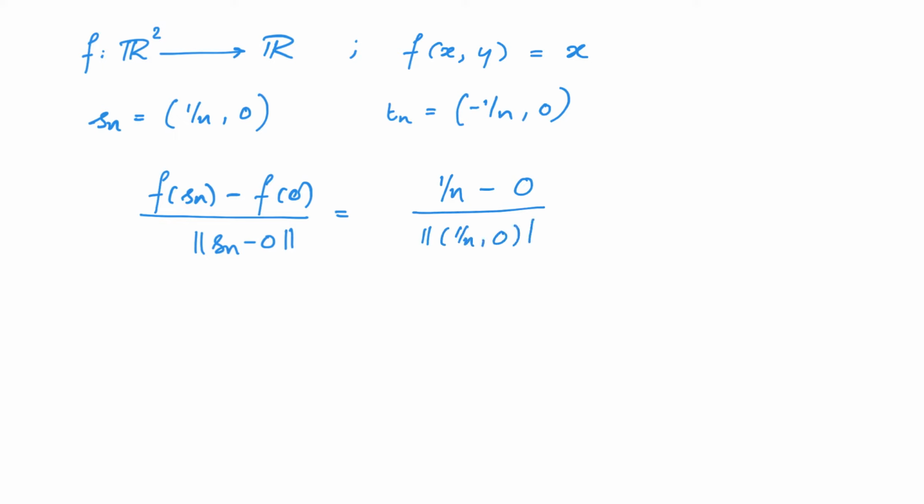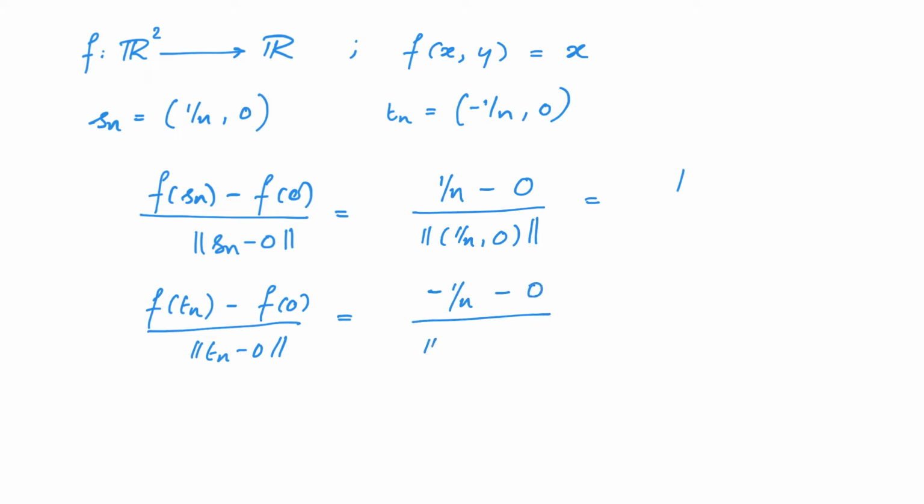This is because (f(Sn) minus f(0)) by the norm of (Sn minus 0) is equal to 1 always. On the other hand, (f(Tn) minus f(0)) by the norm of (Tn minus 0) is equal to minus 1. This is because the norm of (minus 1 by n, 0) is the same as the norm of (1 by n, 0). They are both equal to 1 by n.